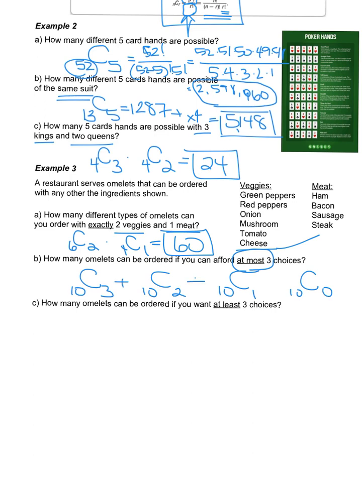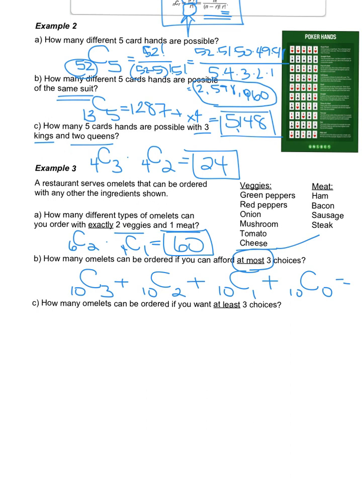When you say the word or, instead of multiplying our outcomes together, we want to add, because these are different events. They're not happening simultaneously. You can't have a 3-topping omelet and a 2-topping omelet at the same time.